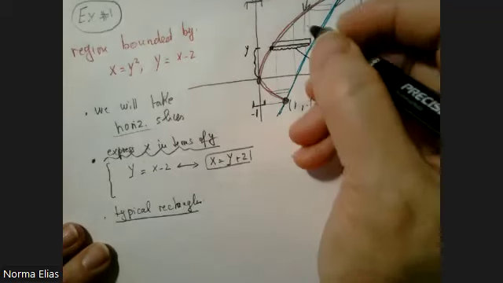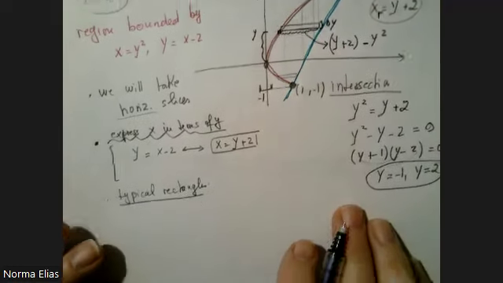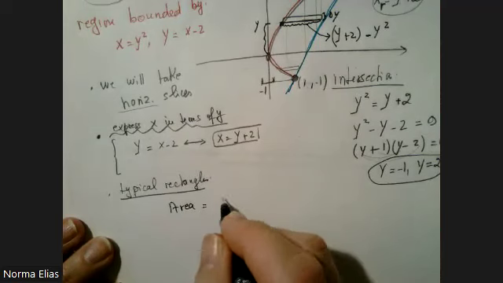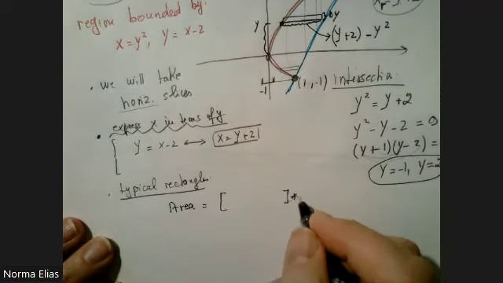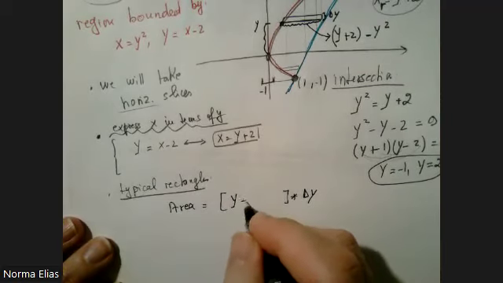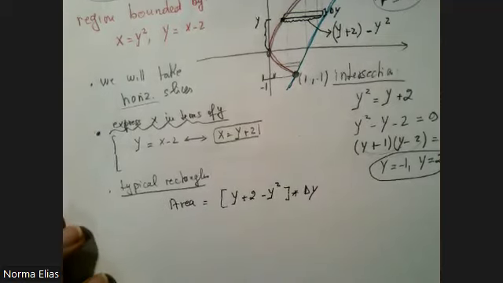And the width is my little delta y. So a typical rectangle, the area of it is length times width. And for me, once we find a typical rectangle, we're done. Minus y squared.